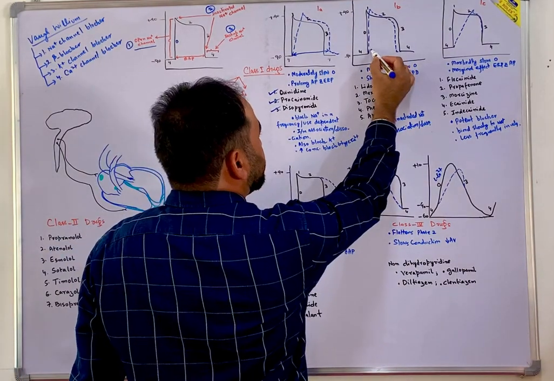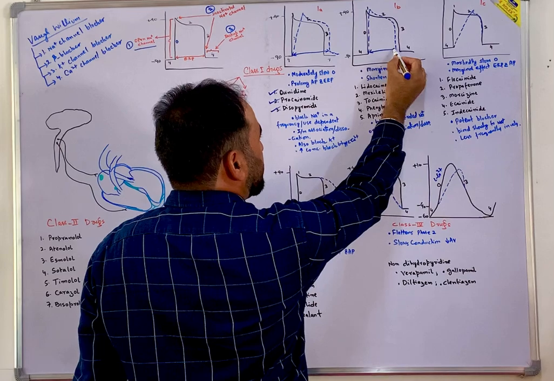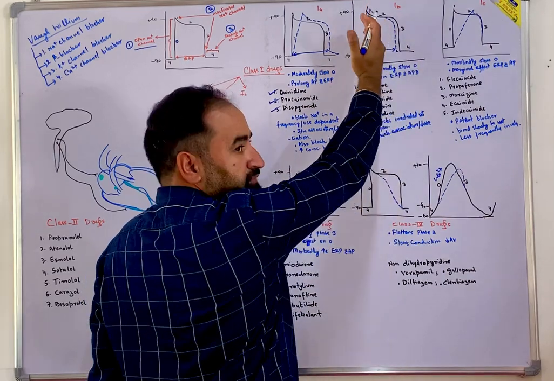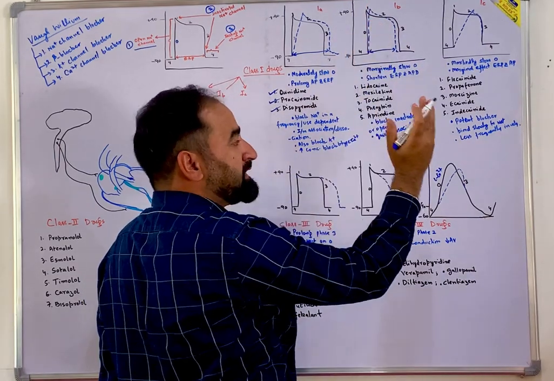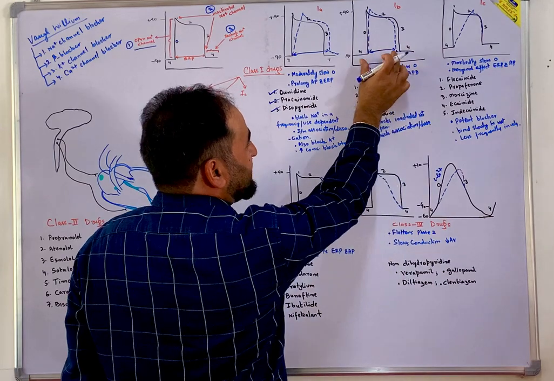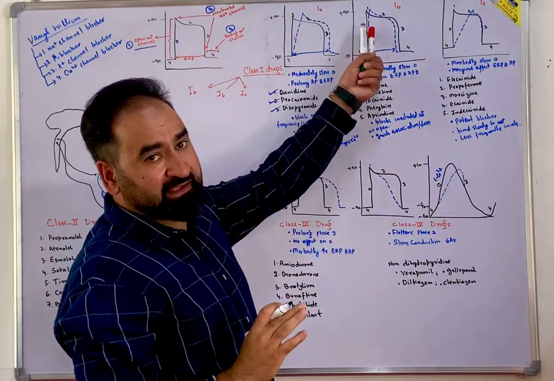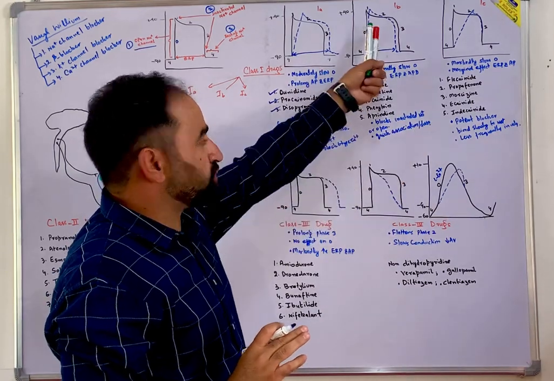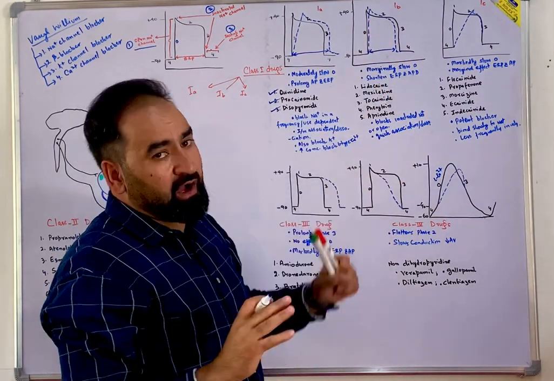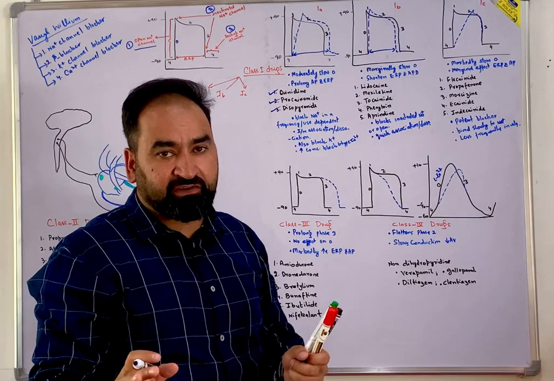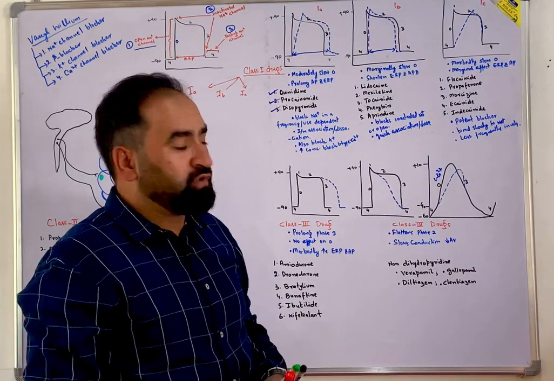So we can say it marginally slows down the zero phase, number one. Number two, it shortens the action potential duration. And it blocks the inactivated state of the sodium channel, or we can say preferably the inactivated state.